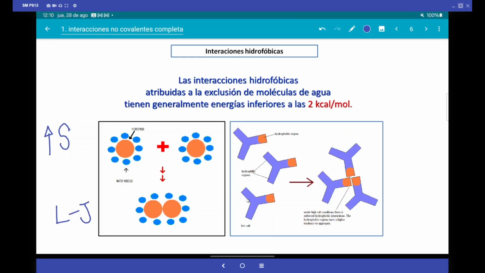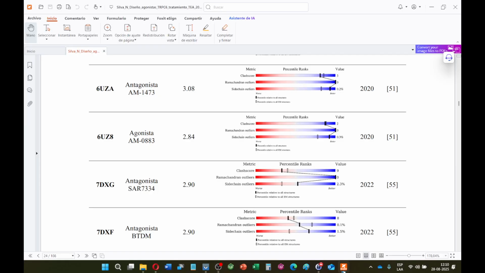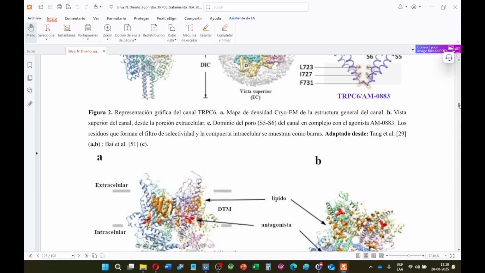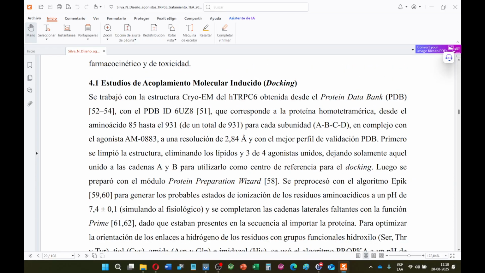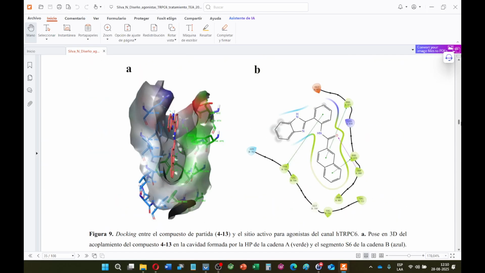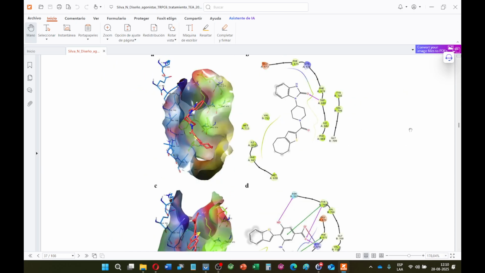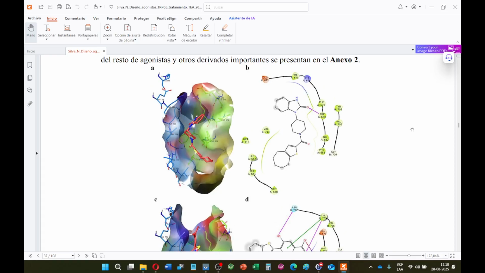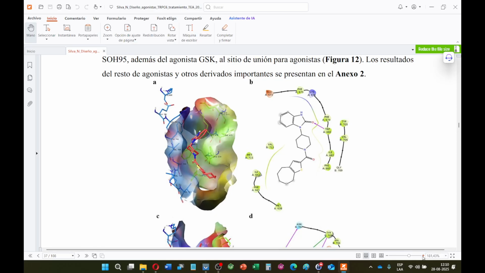Allow me to see if I have a concrete example here. Of course, there are protein pockets that are more hydrophobic than others. When we were studying this issue of TRP6, we realized that the cavity is super hydrophobic, and also close to where the membrane is.